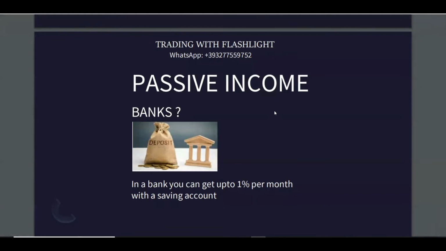So let's take, for example, can someone give me the highest percentage that he knows a bank can pay someone per month on a saving account or per year? If the percentage is more than 1, let's see. If you know a bank in your country that pays a high percentage per month or per year, simply write in the chat.